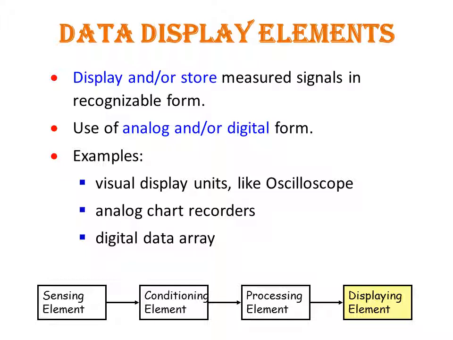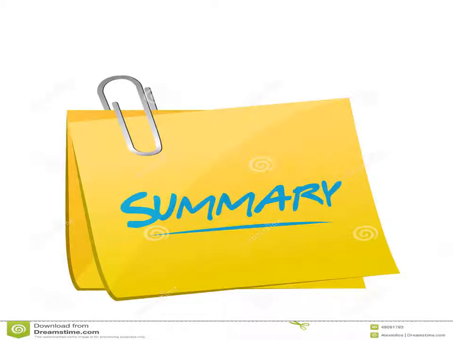These are the different examples of displaying elements. So these four are the basic building blocks of a measurement system: sensing element, conditioning element, processing element, and displaying element.